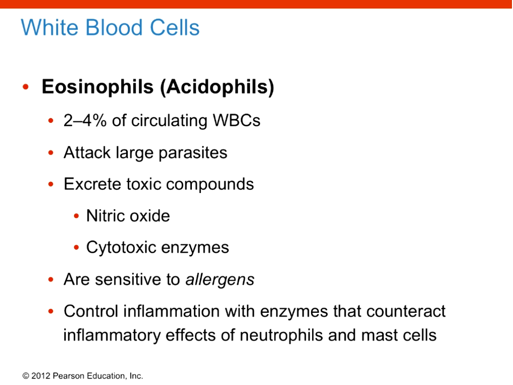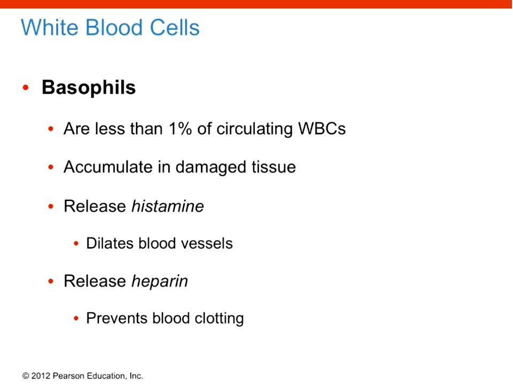So when the neutrophils and the mast cells, specifically the neutrophils, are releasing their chemical messengers, the eosinophils can release their own special chemical to help counterbalance that chemical messenger so you don't have too much inflammation. Inflammation sounds the alarm and says, hey, there's a problem in this area, but too much inflammation can be a problem. And so to help balance that out in regards to neutrophils, eosinophils release chemicals that will do that.